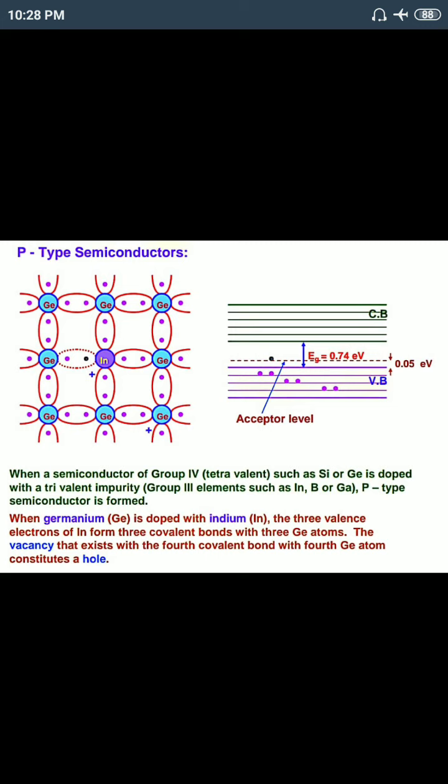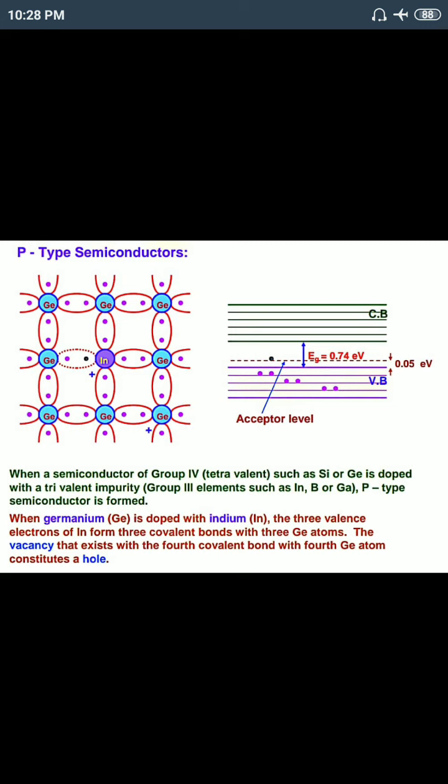It accepts this electron near the valence band, because we know the valence band is fully filled with electrons. When it accepts this electron, its octet rule is followed.